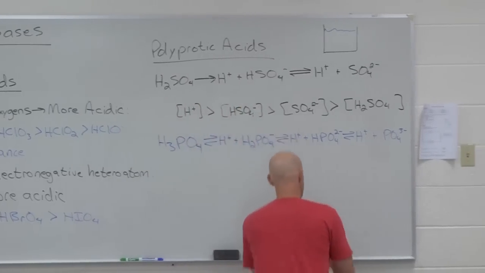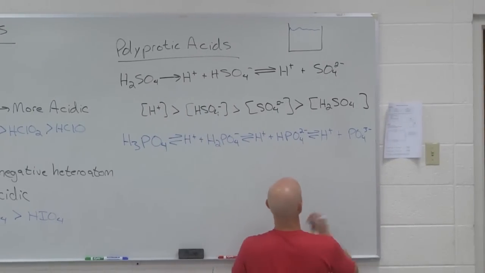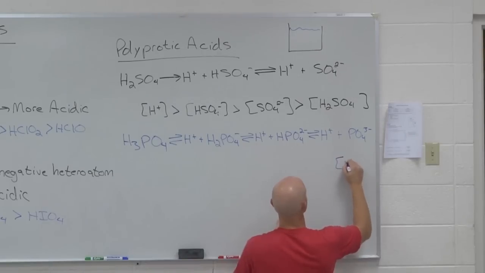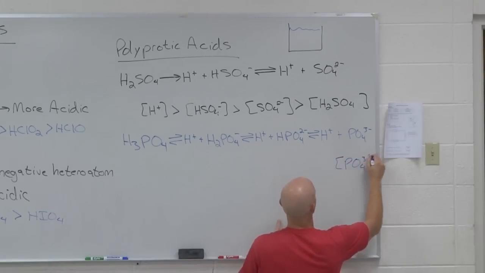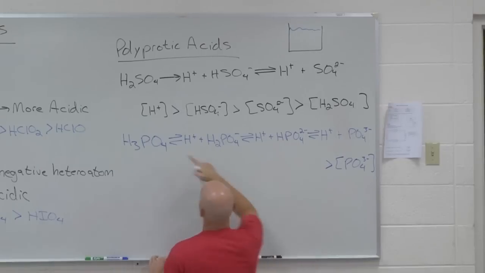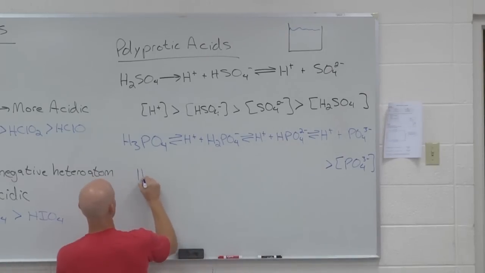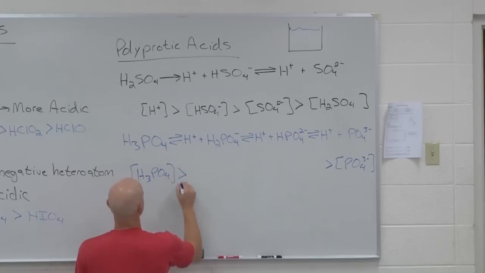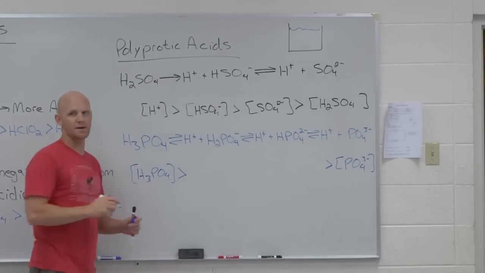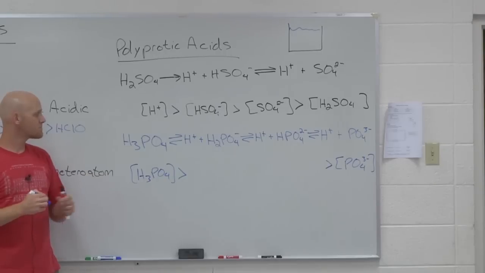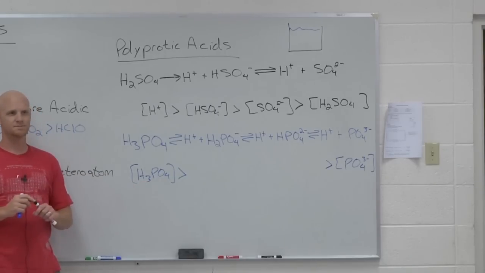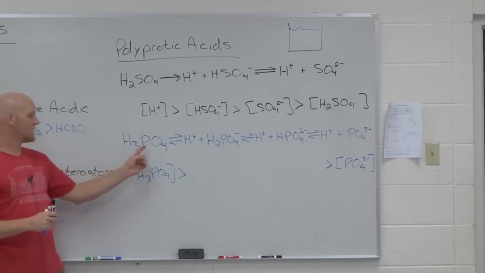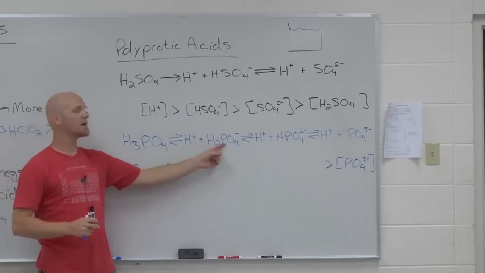And so in this case, we got our extremes. We definitely have, at one end of the spectrum, PO4 3-, and at the other end of the spectrum, H3PO4. So, but who's present in the next highest concentration? H+. When H3PO4 dissociates, you get an equal amount of both.